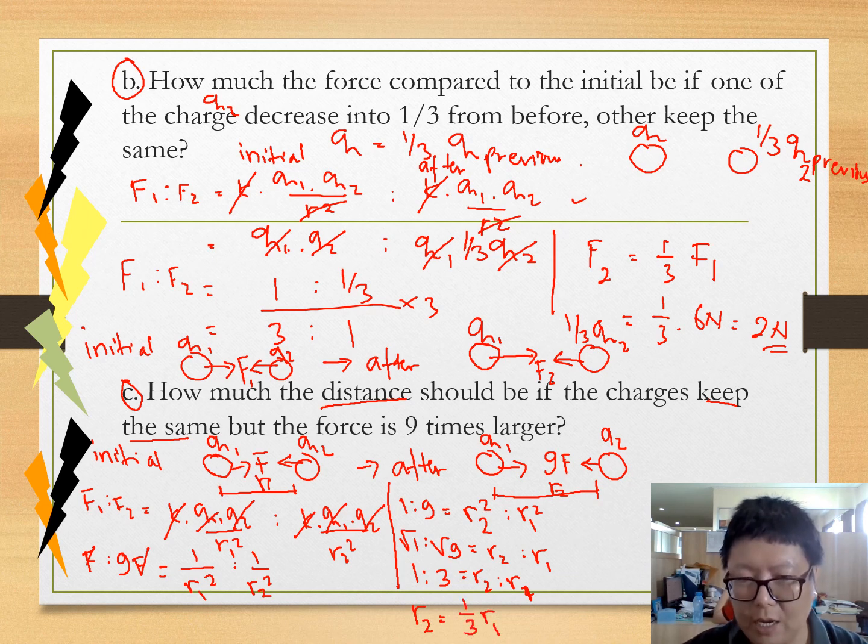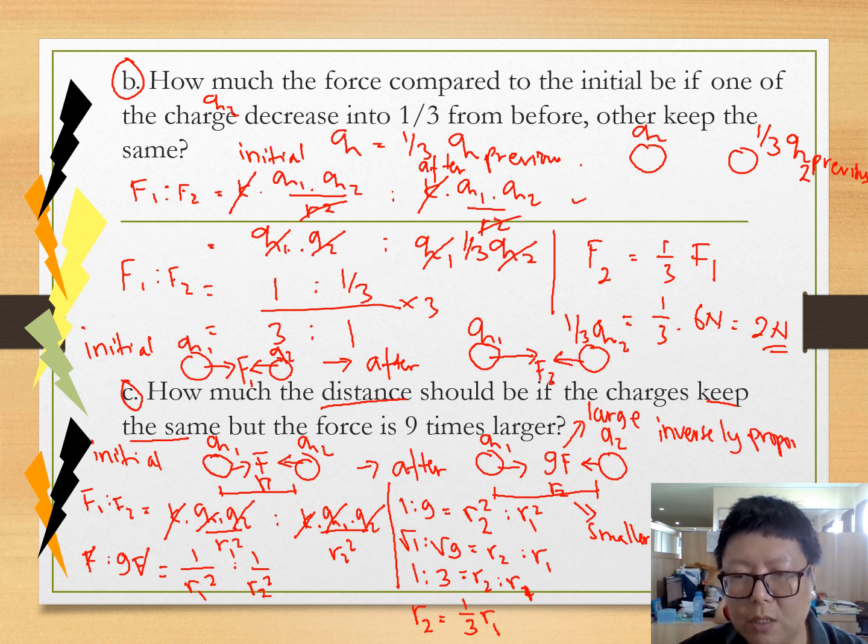So my drawing is inaccurate, because if you want to get the bigger force, this one is larger and this must be smaller. Remember, inversely proportional. After you solve it, I suggest you check using your understanding. If you want a bigger force, then the distance must be smaller.